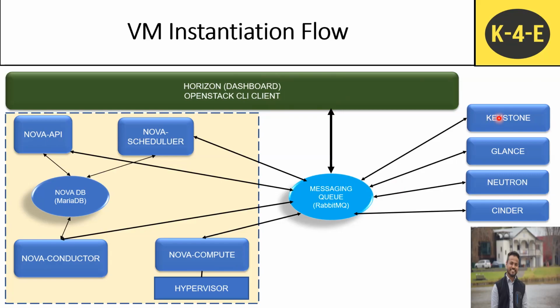So when the user inputs the username and password, the dashboard talks to Keystone with the help of the messaging queue. It submits a request to the messaging queue saying I have a user who has given a username and password, and I need to send this data to Keystone for authorization.